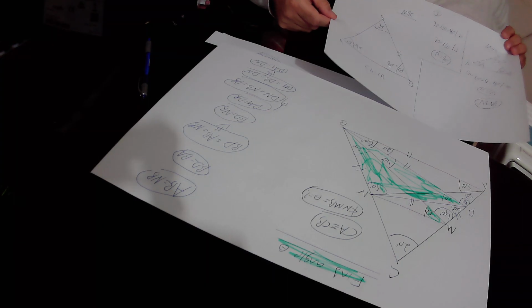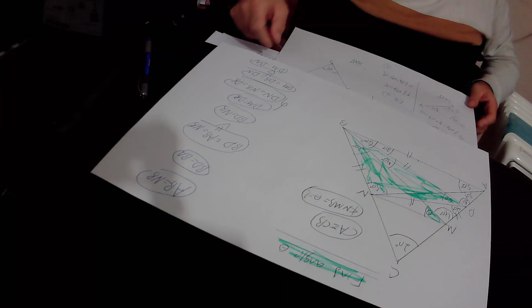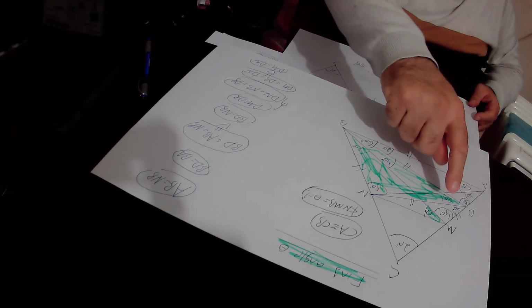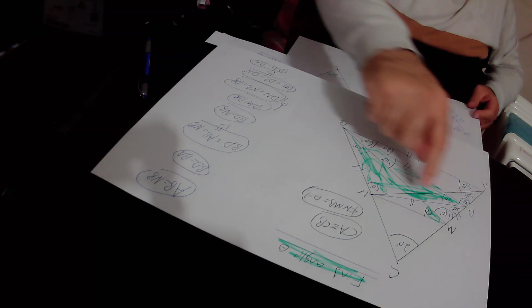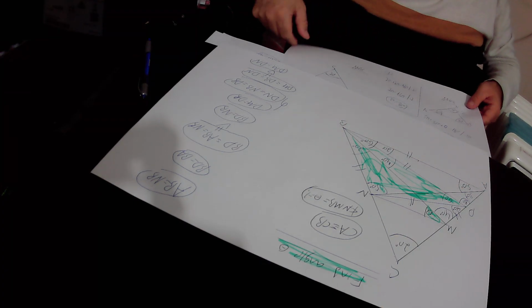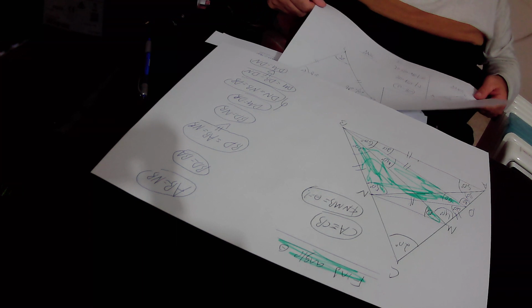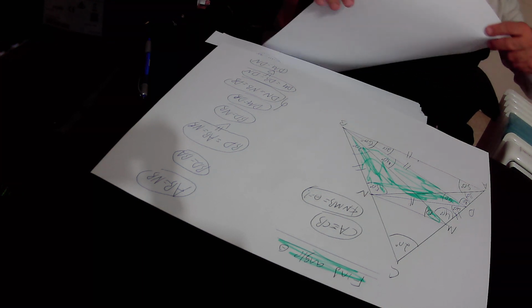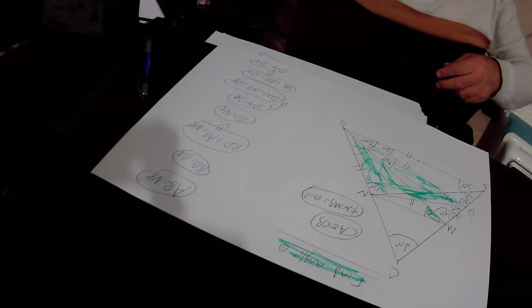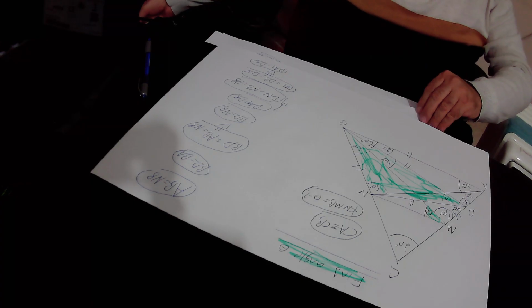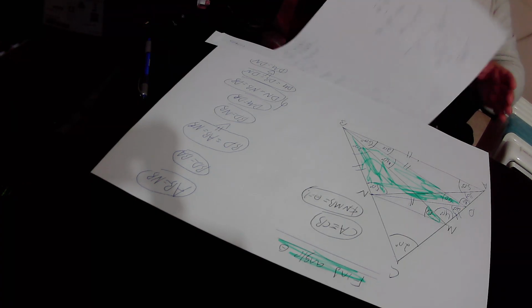Okay. In the next step, we copy triangle MAB in the new page and analyze it. Actually, this is triangle MAB that I copied from the original drawing.